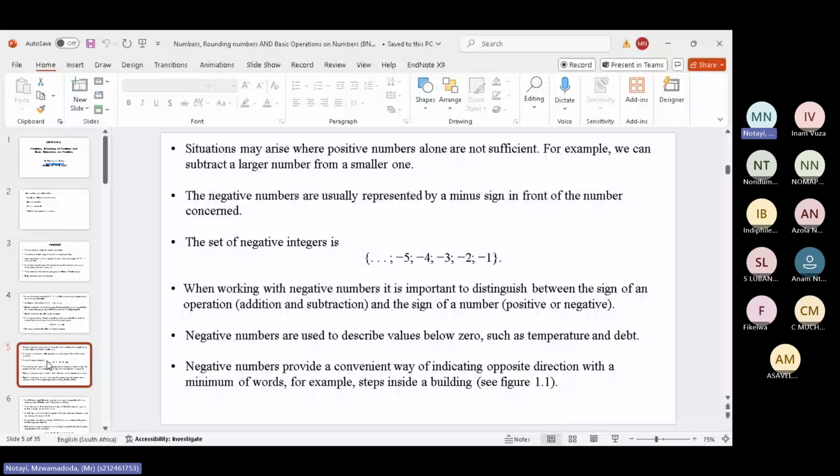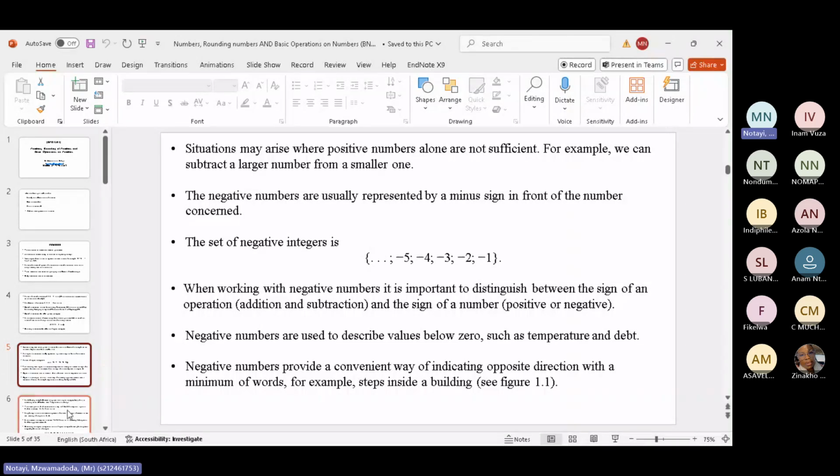When working with negative numbers, it is important to distinguish between the sign of an operation, addition or subtraction, and the sign of a number. Negative numbers are used to describe values that are below zero, such as temperature and debt. These numbers also provide a convenient way of indicating opposite direction with a minimum of words. For example, steps inside a building, we will see shortly.